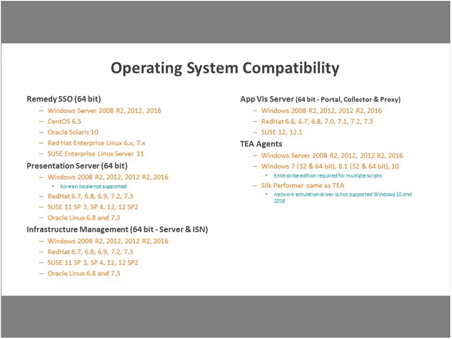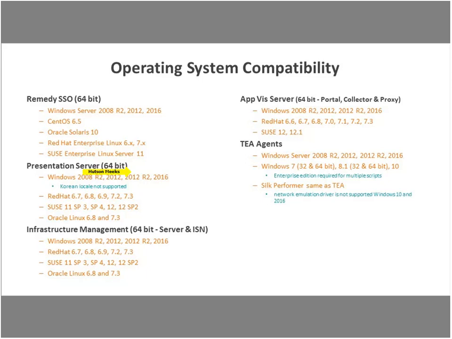You're going to notice kind of a theme across all these different components. We're supporting Windows 2016 as one of the operating system versions that we've added for a lot of these different components. For many of them, we've also added 2012 R2.